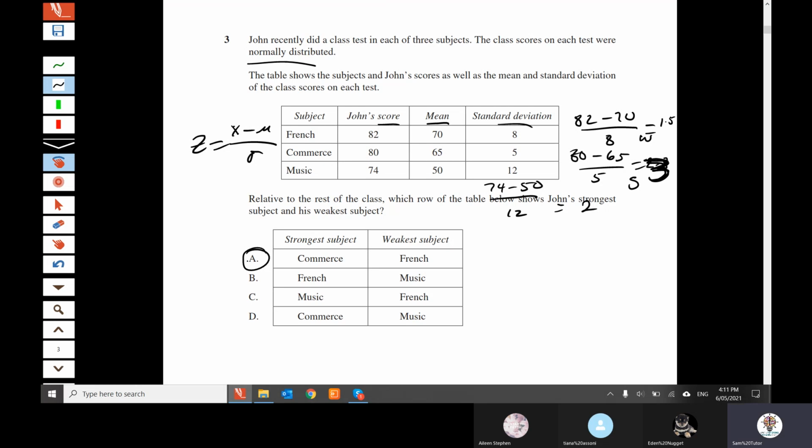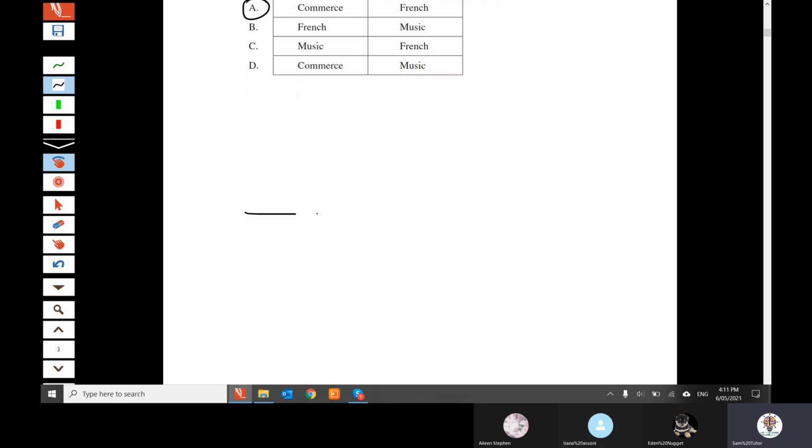Why do we say higher Z score is stronger? What was the logic? Too slow, too slow. Think of your normal distribution straight away. And what is it? What's right in the middle? Your mean.